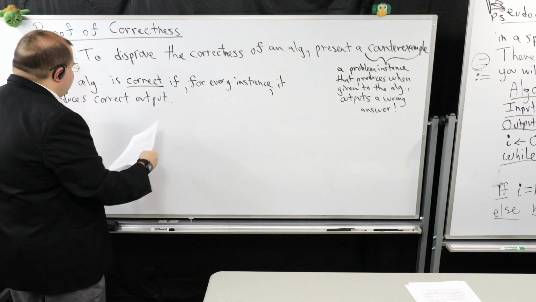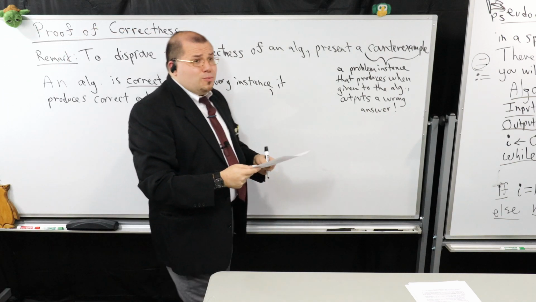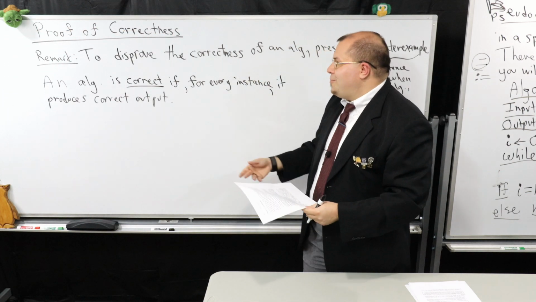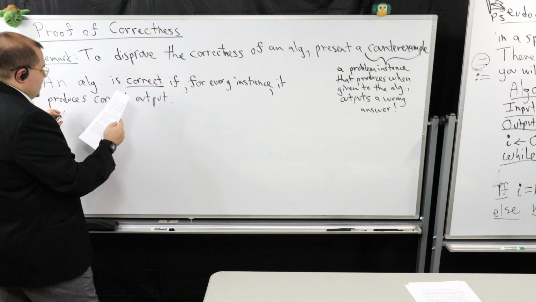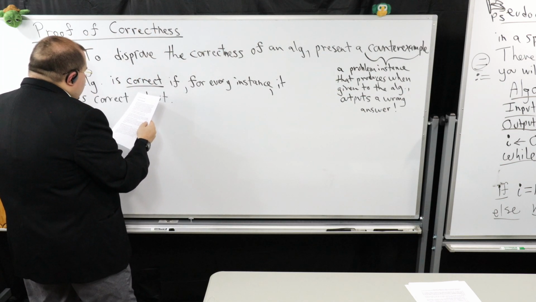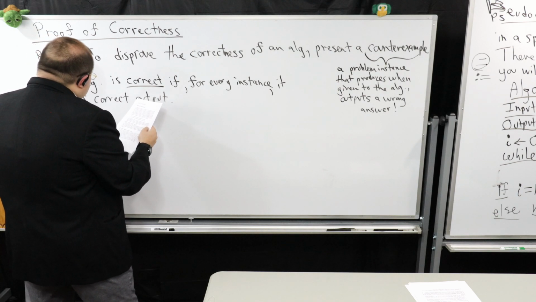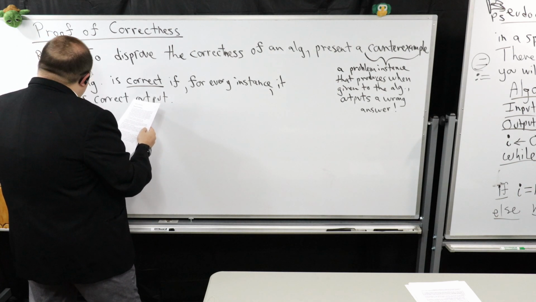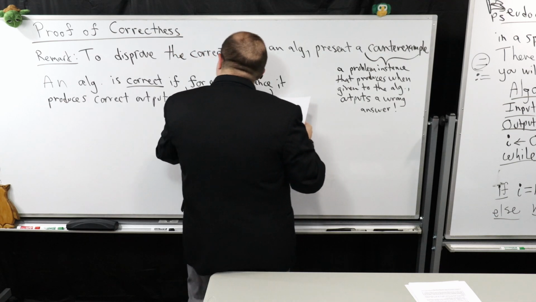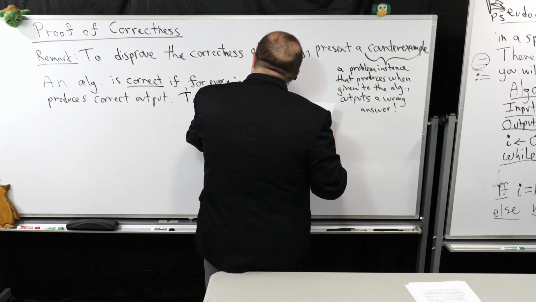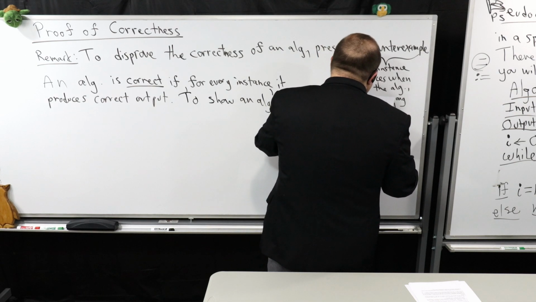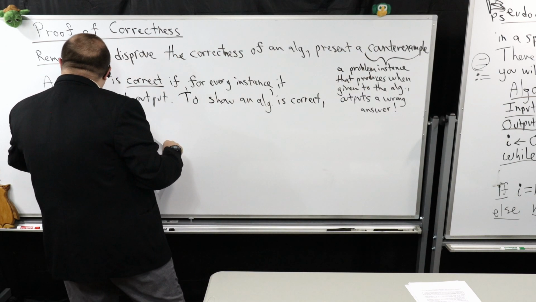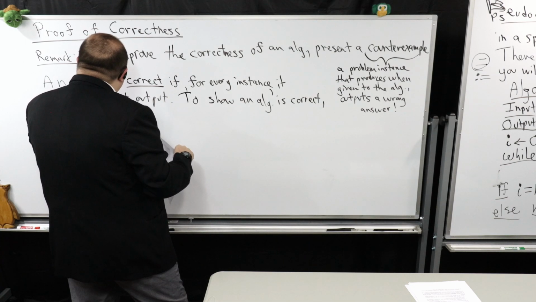So I just want to summarize one thing, and then we'll wrap things up here, okay? And then we'll talk more about proof of correctness next time. So I want to summarize a couple of quick things here. To show an algorithm is correct, we need to prove two things.